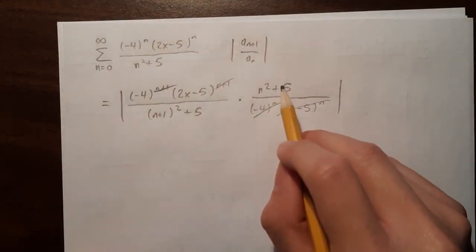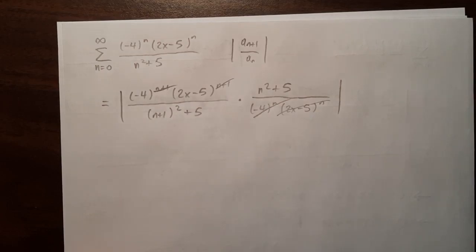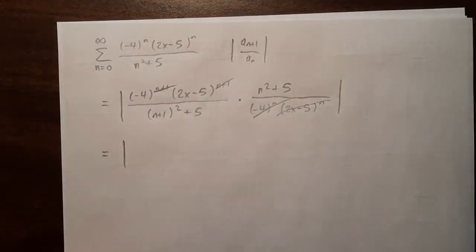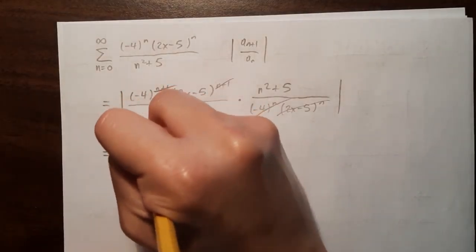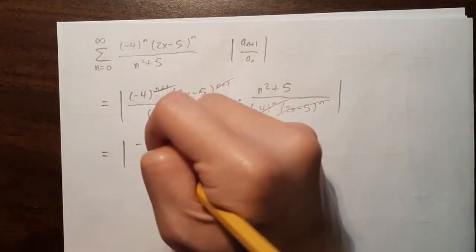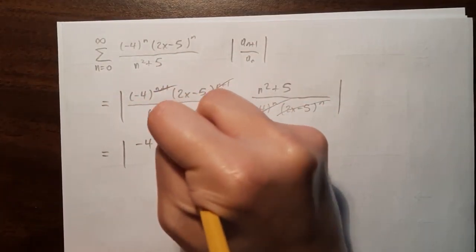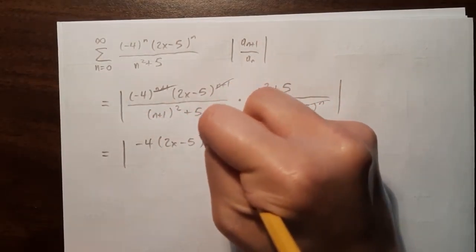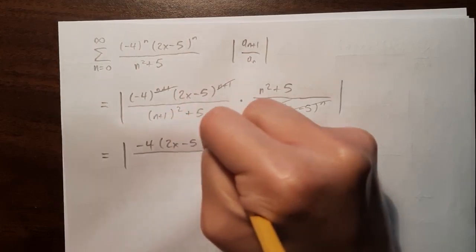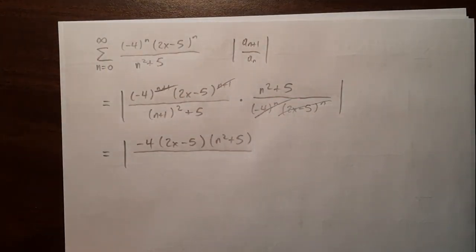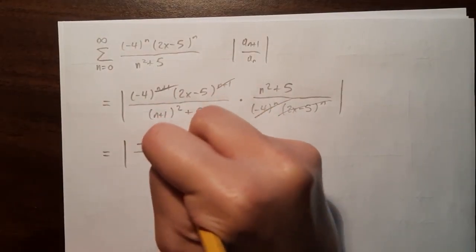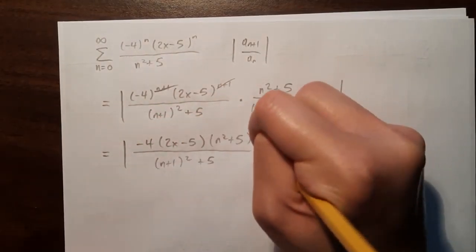N squared plus 5 does not really cancel with this thing, or at least it doesn't seem like it does. All right, so what we're left with then is on top we have minus 4 times 2x minus 5 times n squared plus 5. And down below, I think we just have this. So n plus 1 squared plus 5.